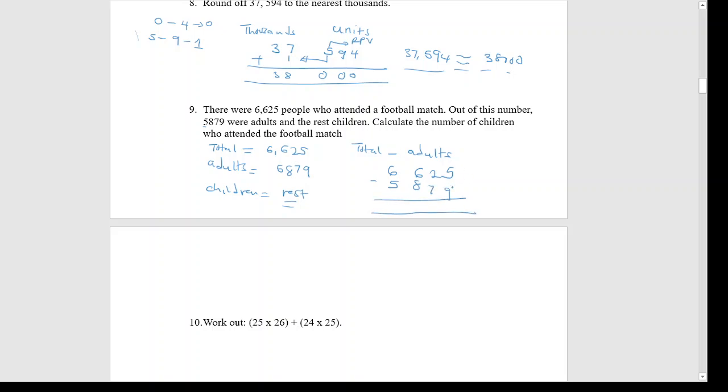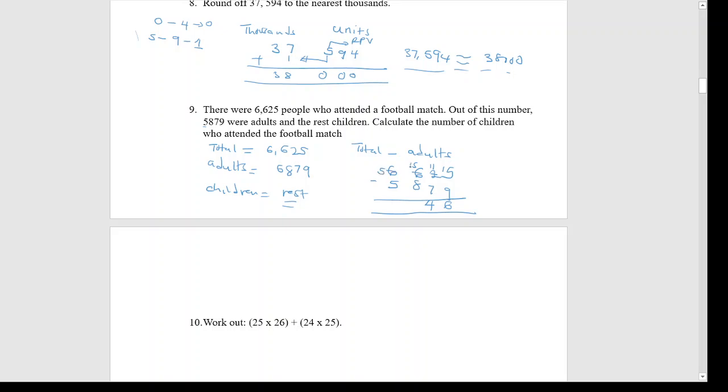We are now subtracting. 5 take away 9 is small, so we regroup, we bring a 10 to make this 15. 15 take away 9, 9, 10, 11, 12, 13, 14, 15, is a 6. Then we remain with a 1, so 1 take away 7 is small. Then we regroup, we remain with 5 groups of 10. Then we bring a 10 here to make this one 11. 11 take away 7, that is 7, 8, 9, 10, 11, it is a 4. Then 5 take away 8 is small, we regroup, we remain with 5.